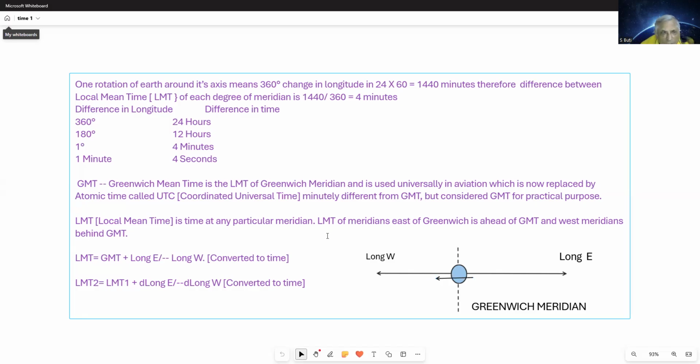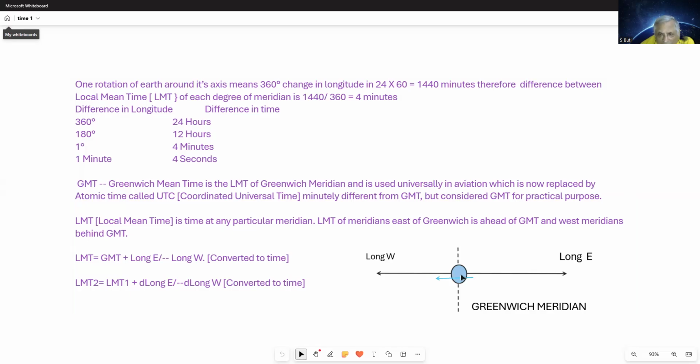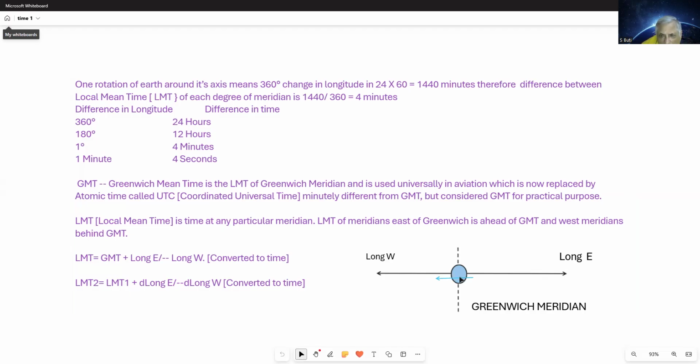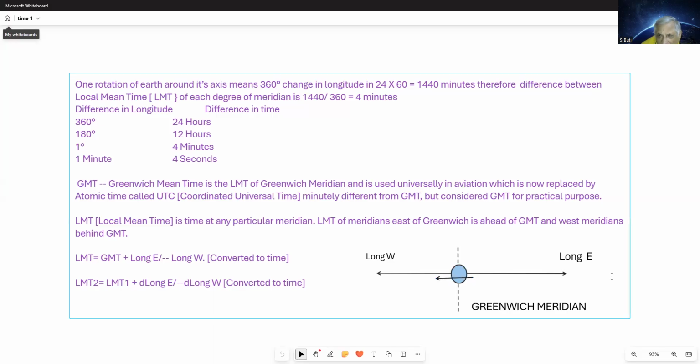Now, when the sun is over your meridian, it is 1200 hours at your meridian, and that is known as your LMT. Now take as an example, the sun is here now over the Greenwich meridian and it is traveling west. That means it has already crossed longitude east and is over the Greenwich meridian now, traveling towards longitude west.